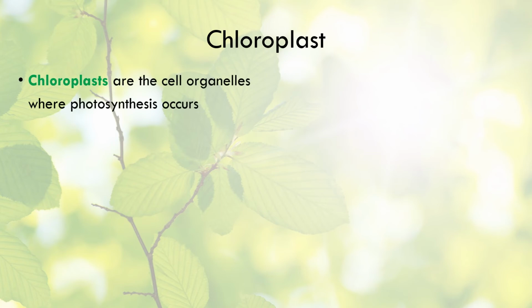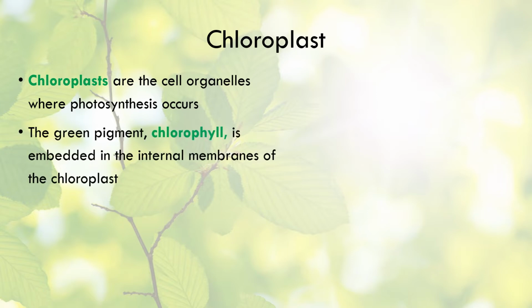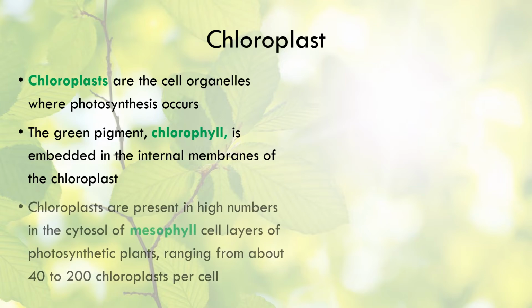Our trusty little chloroplast. Our chloroplasts are the organelles where photosynthesis occurs. The reason being they've got the green pigment chlorophyll embedded in the internal membrane of the chloroplast. They're present in really high numbers in the cytosol of mesophyll cell layers.